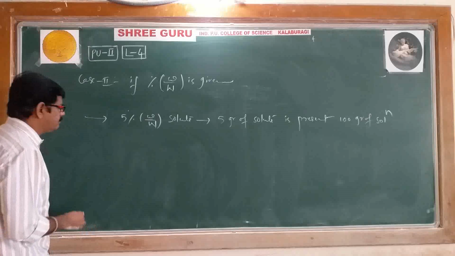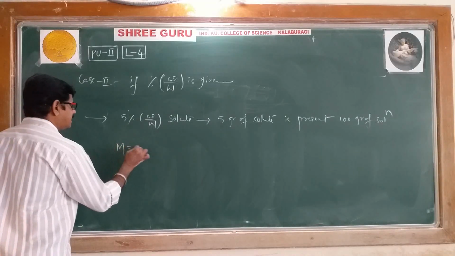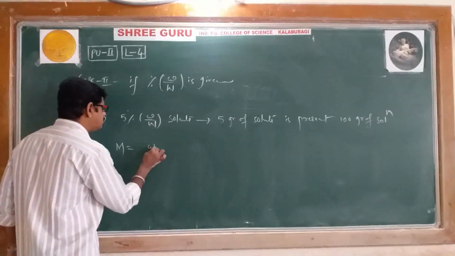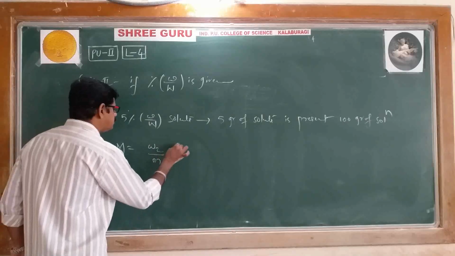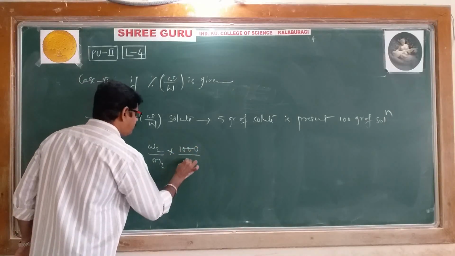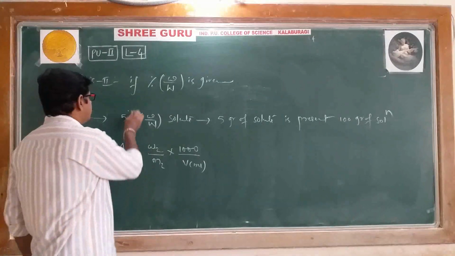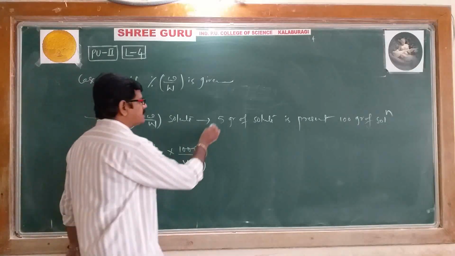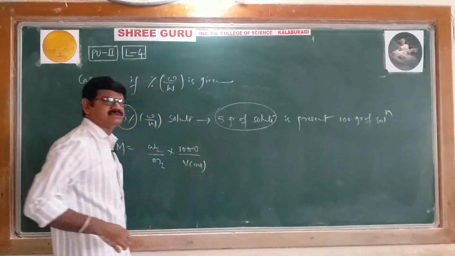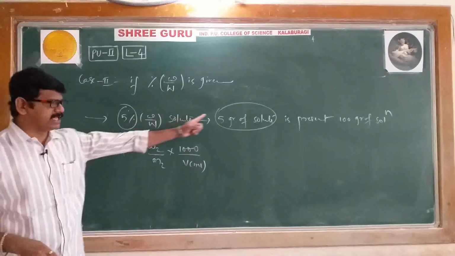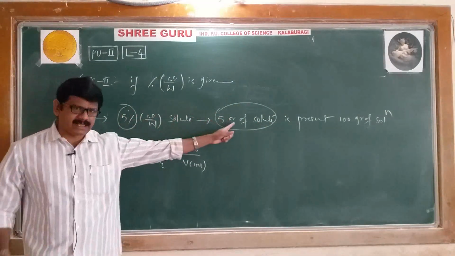Therefore, we'll write our regular molarity formula: W2 by M2 into 1000 divided by V in milliliters. Here, whatever the percentage is, that percentage is nothing but the mass of solute. 5% means 5 grams, 10% means 10 grams.